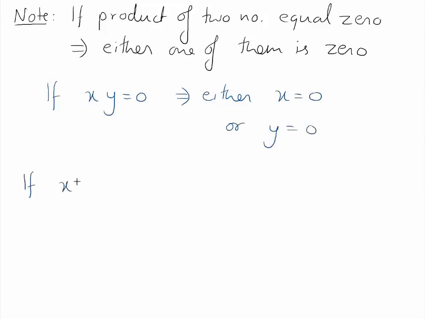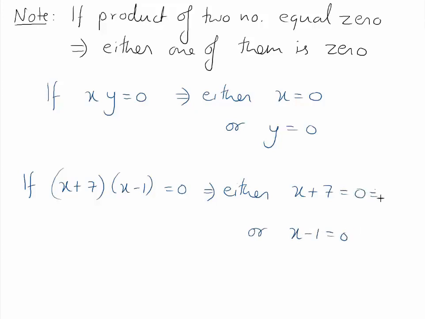Similarly, if x plus 7 multiplied by x minus 1 equals 0, this implies either x plus 7 equals 0 or x minus 1 equals 0, that is x equals minus 7 or x equals 1. We can also see that when you substitute x as 1, we get this as 0, so the overall equation becomes 0, so it satisfies. Similarly, x equals minus 7 will also make this 0, and hence the overall equation will become 0.